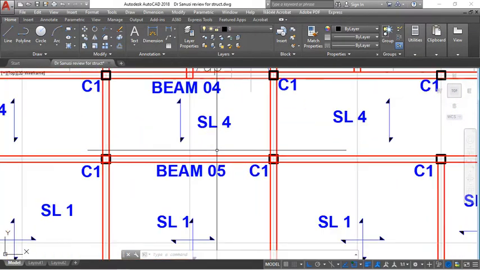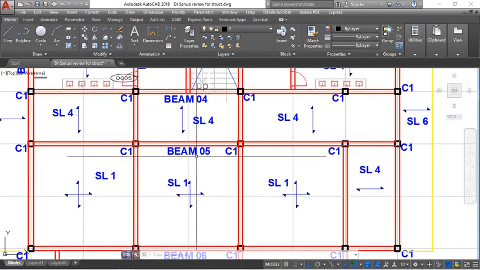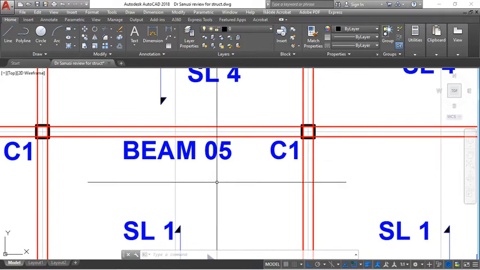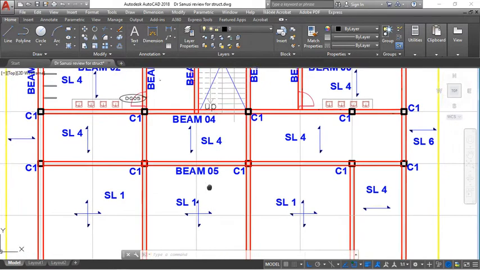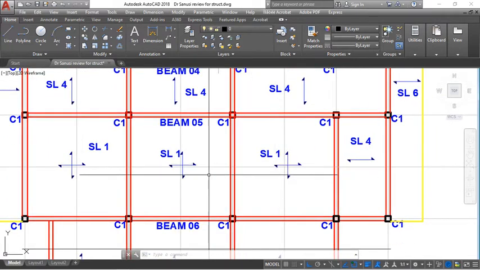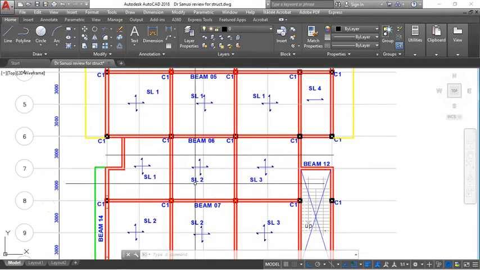I made that distinction because when we get to the breaking down of the beams and the loads that are coming on them as a result of the slab, it matters. So I have slab 1, slab 4, slab 2.